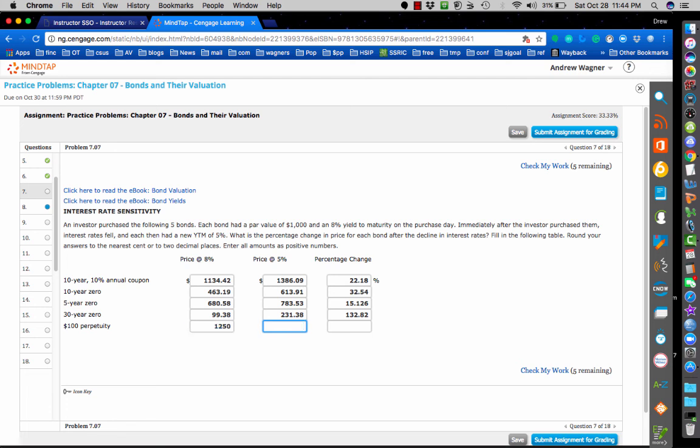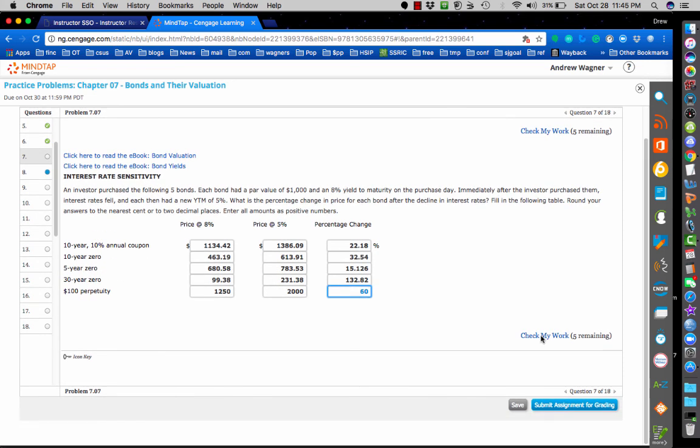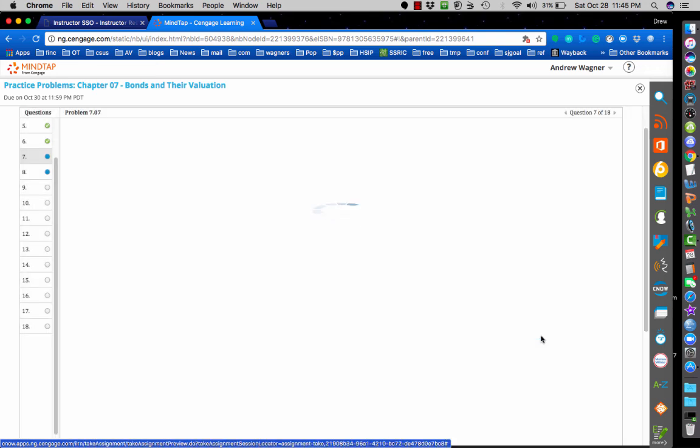And then 100 divided by 0.05 would give us 2000. The percentage change is 2000 over 1250 minus 1, which is 60%. Increased by 60%. Let's go ahead and check these.